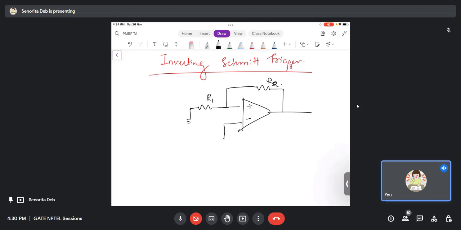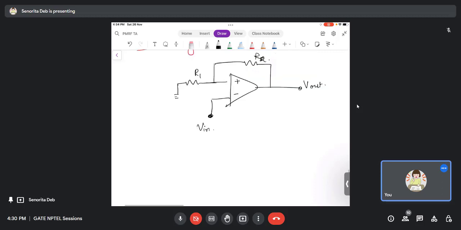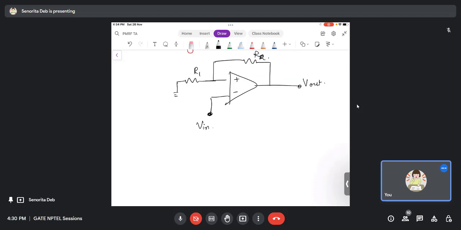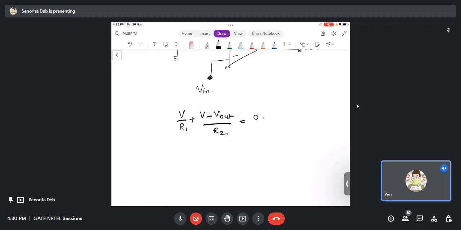But the input is now applied to the inverting terminal. Now in this case, what will happen? So V by R1, so what you are having?